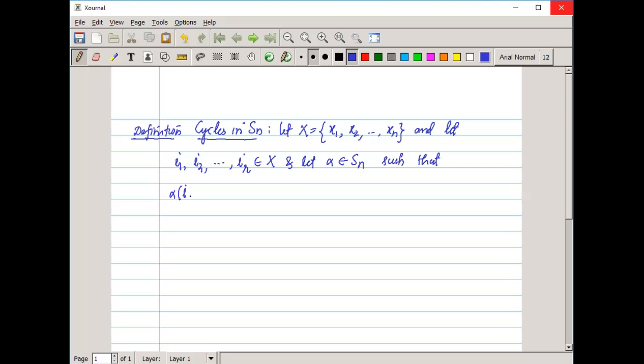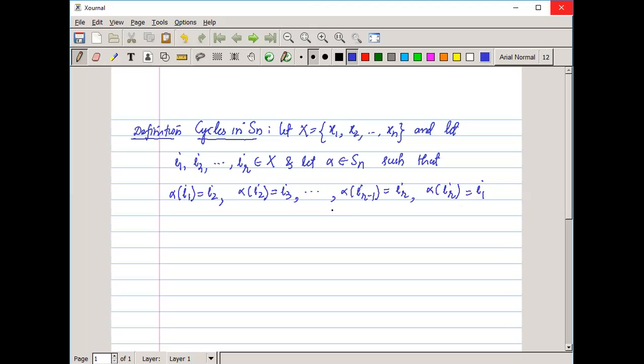such that alpha of i1 is equal to i2, alpha of i2 is equal to i3, and so on, alpha of i(r-1) is equal to ir, and alpha of ir is equal to i1.